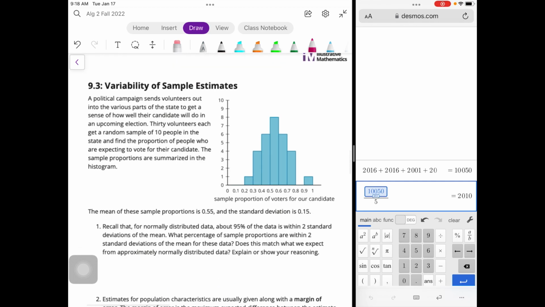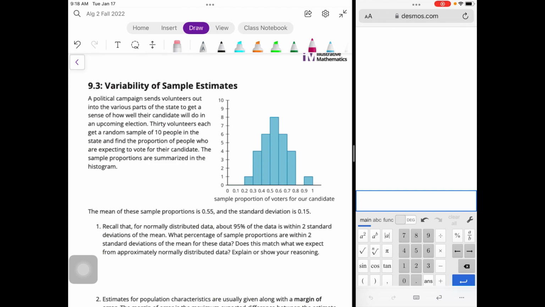Variability of sample estimates. A political campaign sends volunteers out into various parts of the state to get a sense of how well their candidate will do in an upcoming election. 30 volunteers each get a random sample of 10 people in the state and find the proportion of people who are expecting to vote for their candidate.